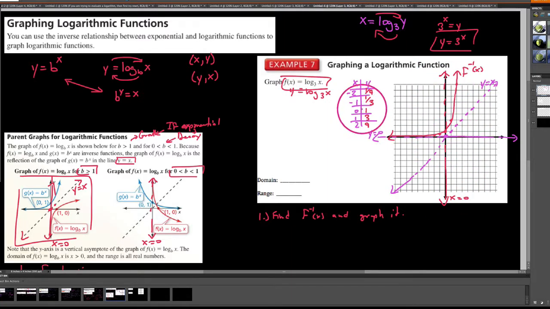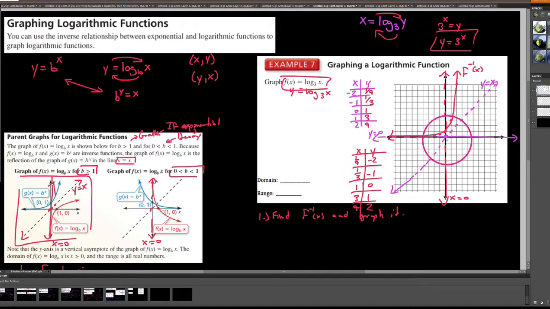Other points on our graph, well, if this is the inverse here, then really what we're saying is that all of these points switch around. So we have (1/9, -2), (1/3, -1), (1, 0), (3, 1), and then (9, 2).